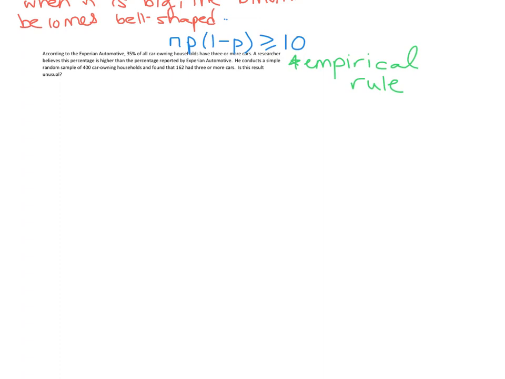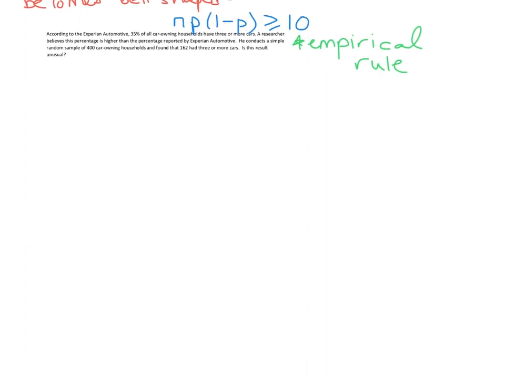He conducts a simple random sample of 400 car-owning households and found that 162 had 3 or more cars. Is this result unusual? So this is kind of a precursor of what we're going to be doing for our analysis of our statistics. And we're going to be doing more of this stuff in chapters 8, 9, 10, and 11, our inferential statistics. Okay, so let's get a taste of how this is going to work.